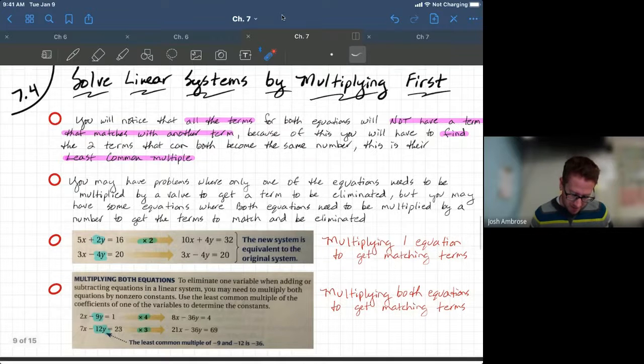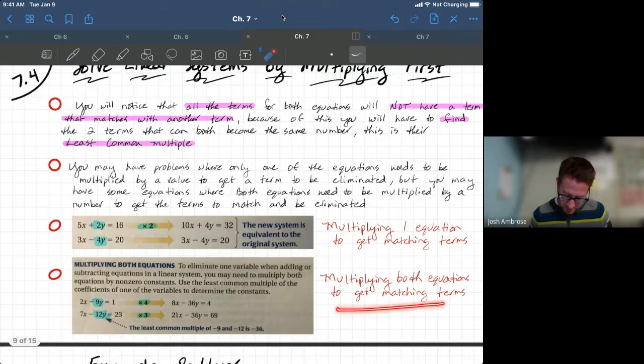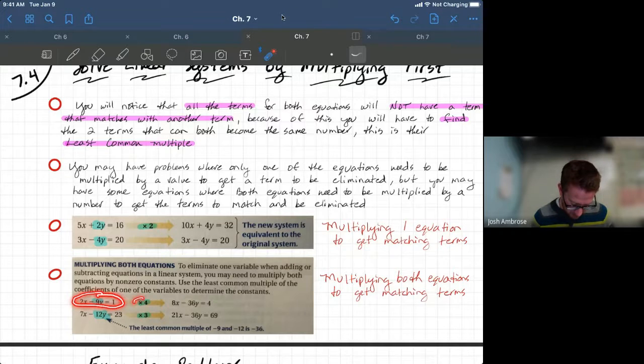But you may have something where you need to multiply both equations to match up a term. What we're doing here is making 12 and 9 both become 36, because 12 can't become 9 through simple multiplication. That's not going to happen. So everything in the top equation is multiplied by 4, and everything in the bottom equation is multiplied by 3.